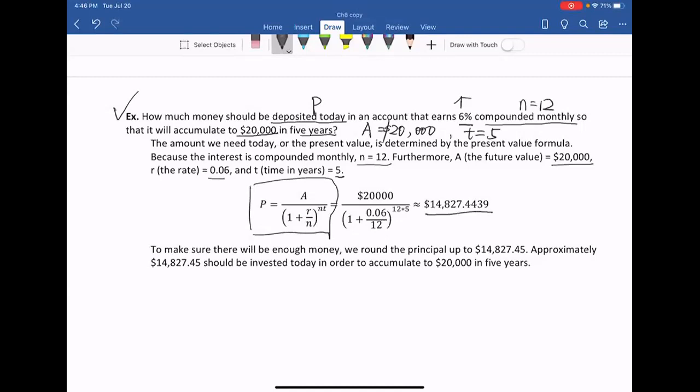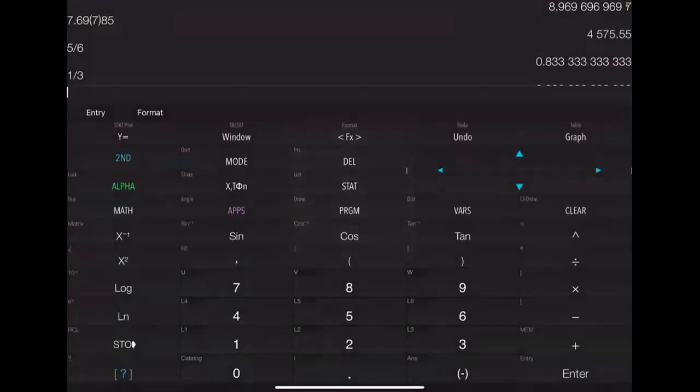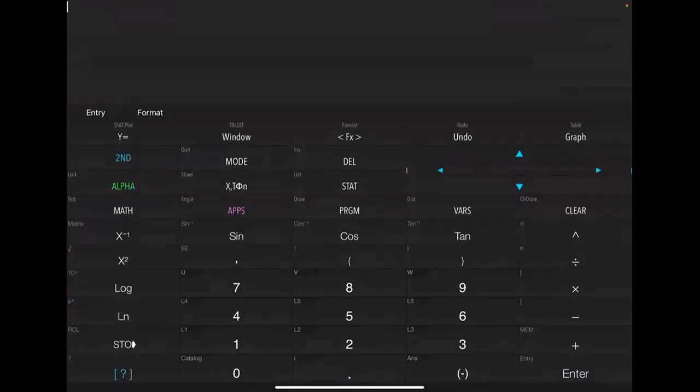So let's practice this. If we use the calculator, actually I didn't download the digital calculator, but I can use a similar calculator to show you how to enter this information.